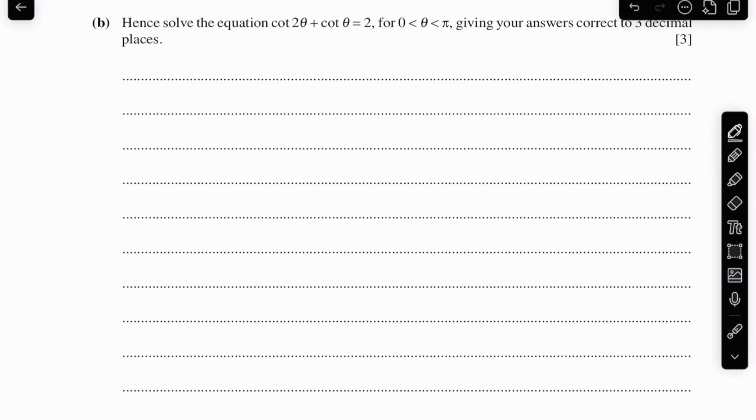Right guys, now for part B, it says solve the equation cot 2 theta plus cot theta equals 2 for the interval 0 to pi. And it says give your answers correct to 3 decimal places.